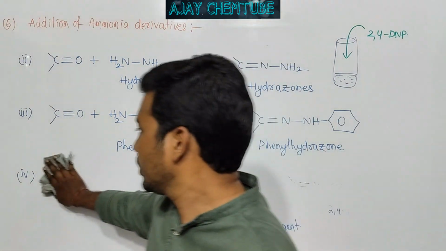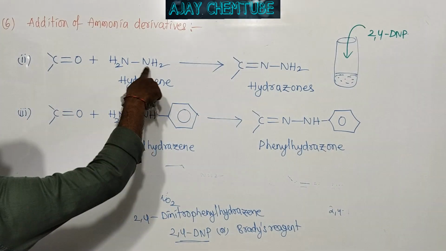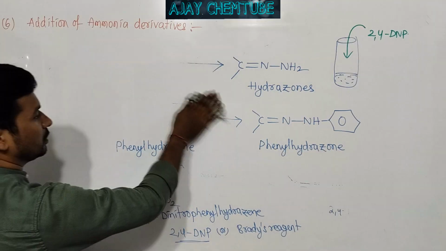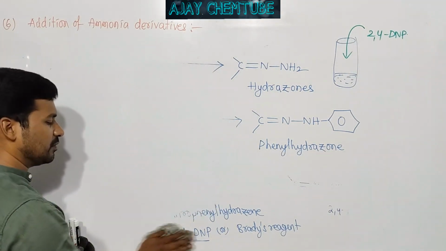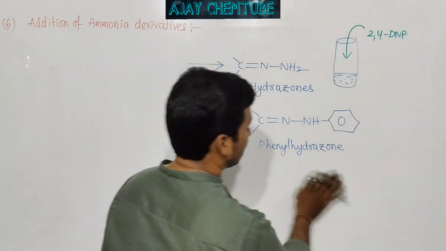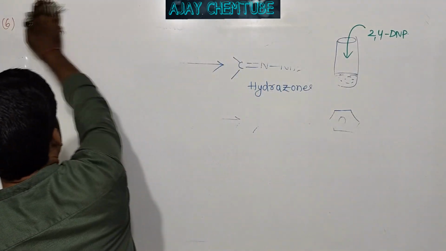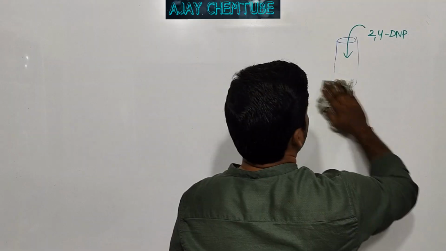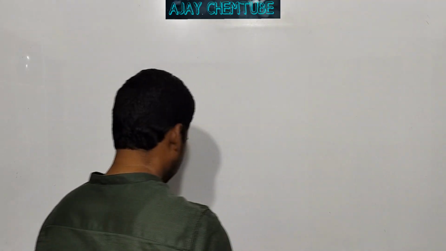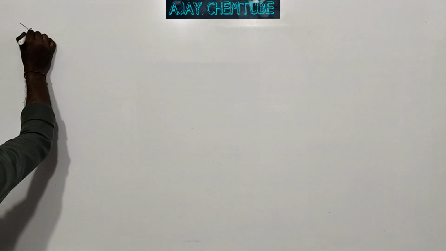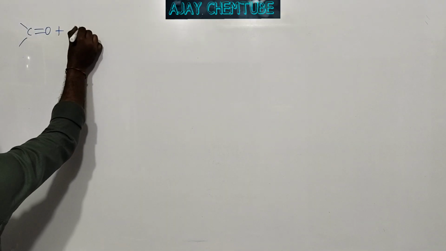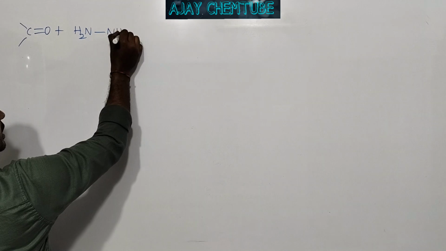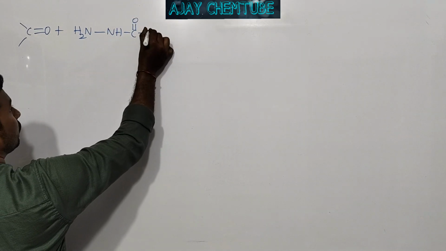Similar reaction, instead of Z, I am taking NHCONH2. That is semicarbazide. That forms semicarbazone. Very simple. Carbonyl compound, if addition of NH2 here, instead of Z I am taking NH-C double bond O-NH2.